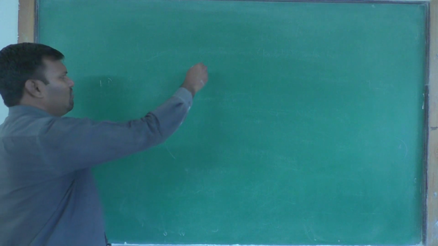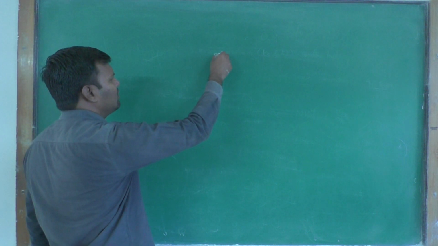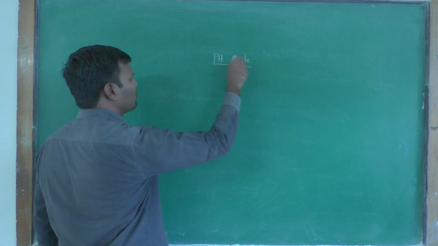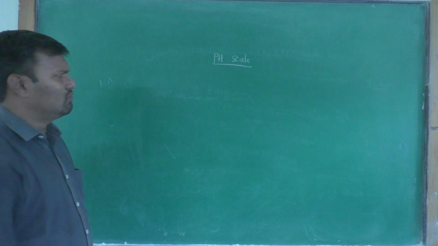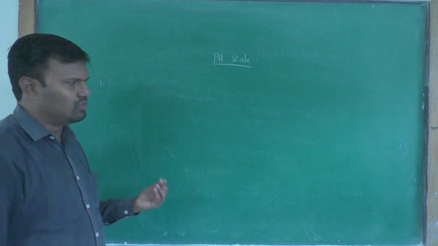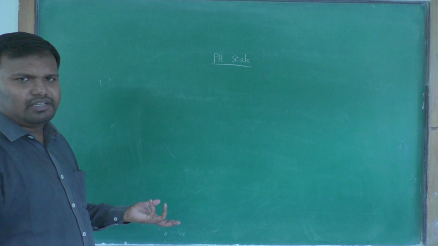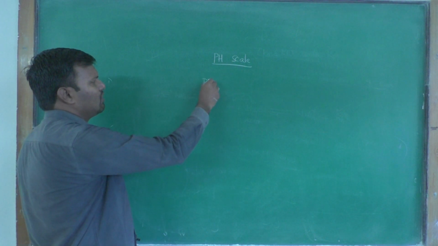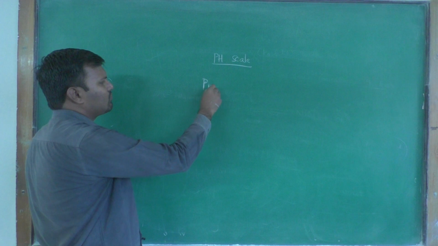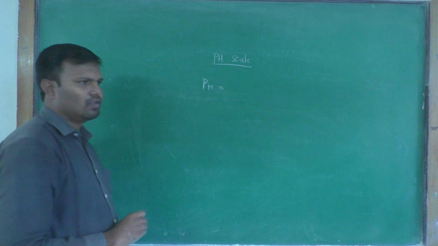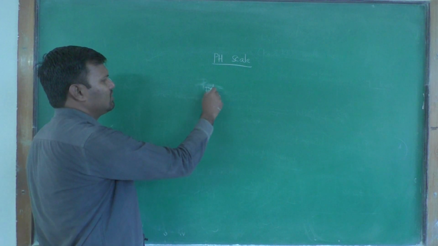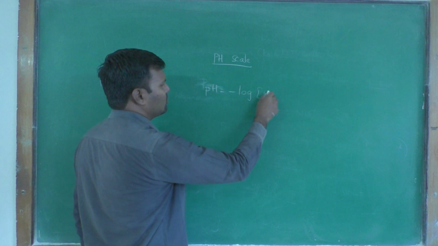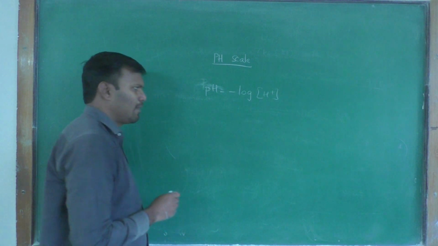Okay, now we are interested in the pH scale. The pH scale was given by the scientist Sorenson, and he defined pH as the negative log of the molar concentration of H plus ions.